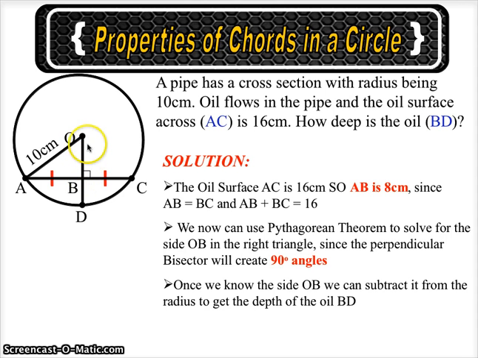We will then realize that this line OD is the radius of the circle, and if we have the distance from O to B, we can then subtract it from the radius to find the distance from B to D, which essentially is what we are looking for.